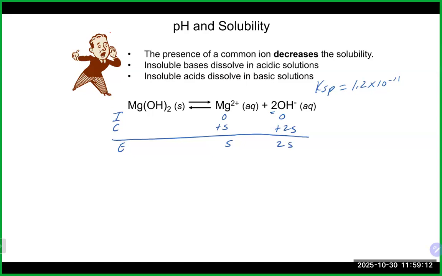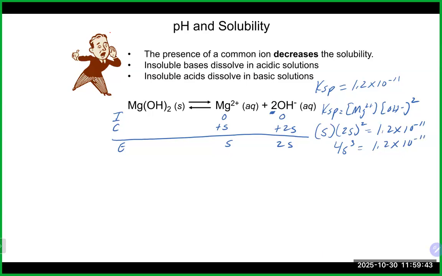Again, if we put this into our KSP expression that was up there a second ago, which is the magnesium times the hydroxide, and we do need to square it because of the coefficient, that's going to get us S times 2S squared is equal to 1.2 times 10 to the minus 11. Remembering to square the number as well gets you 4S cubed is equal to 1.2 times 10 to the minus 11.